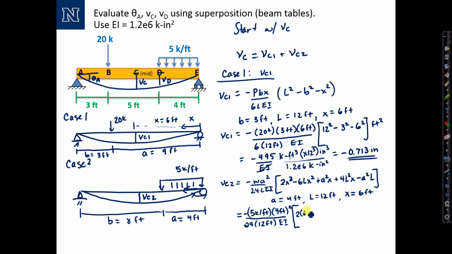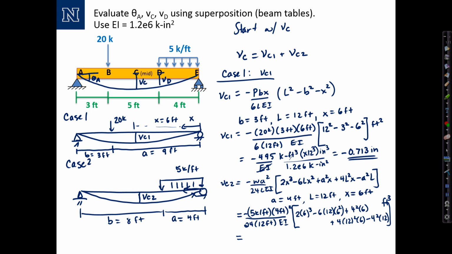Then 2 times 6 cubed, minus 6 times 12 times 6 squared, plus 4 squared times 6, plus 4 times 12 squared times 6, minus 4 squared times 12. This whole thing in here has units of feet cubed.